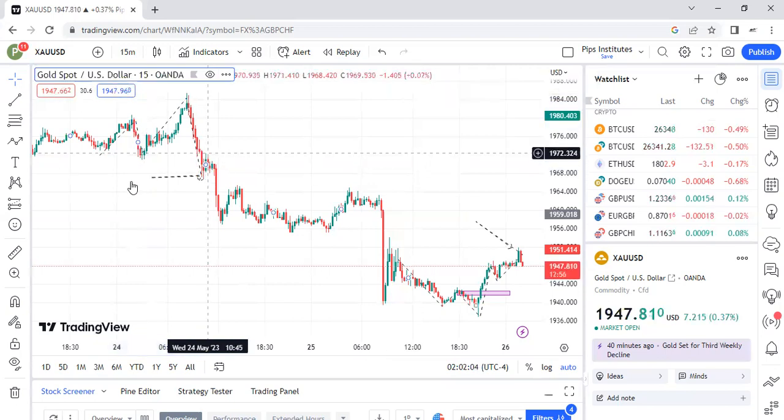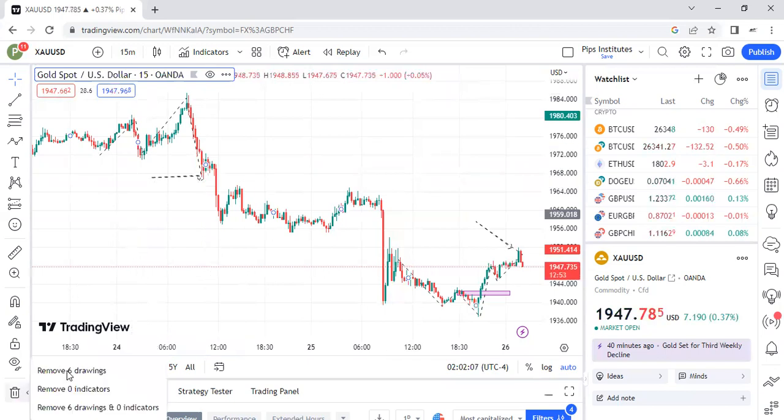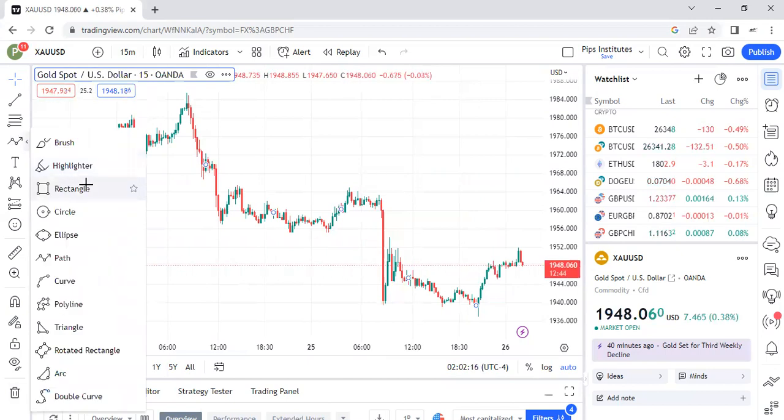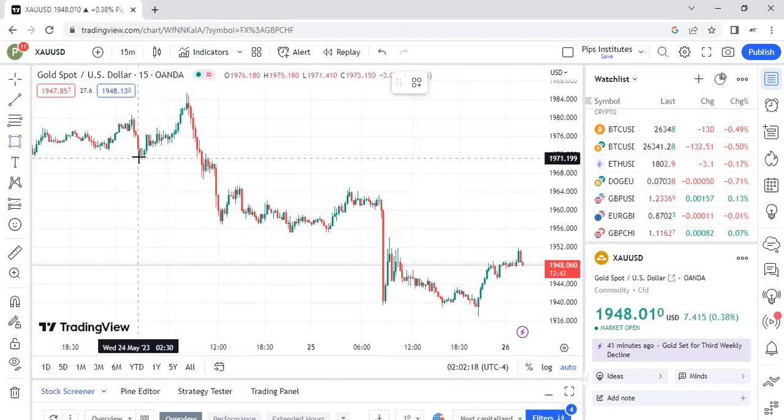If I should draw it, let me clear all this. Now let me draw the rectangular box so you can see how it's actually laid out as we anticipated.